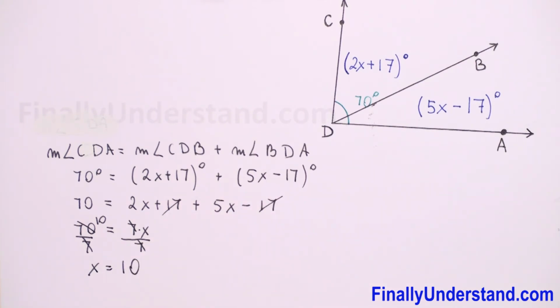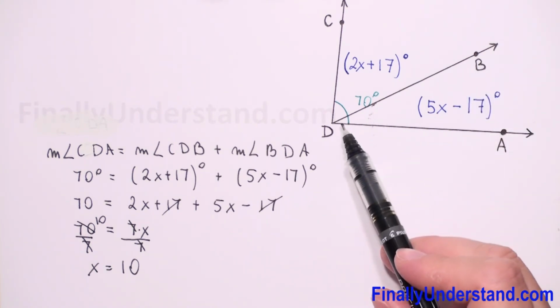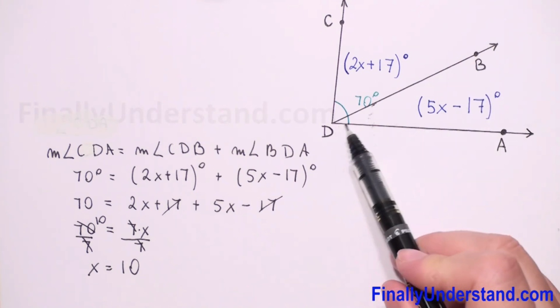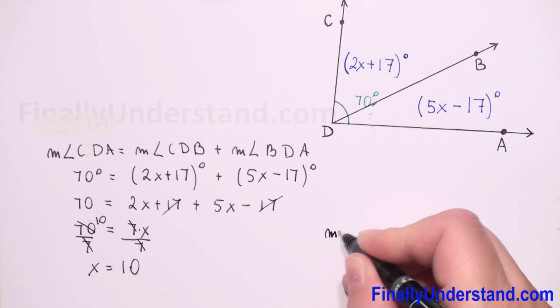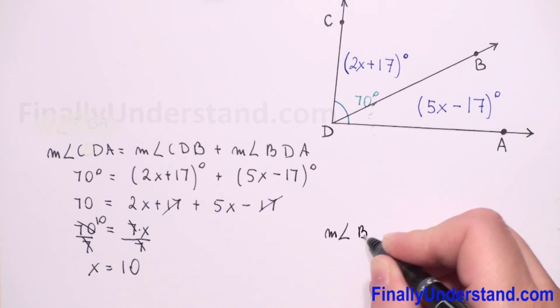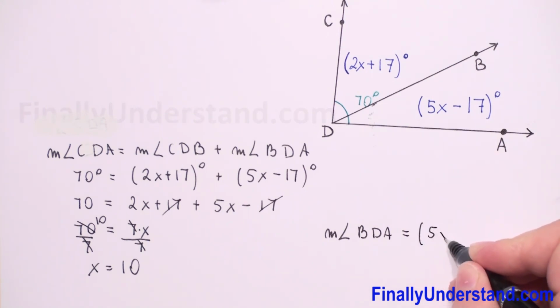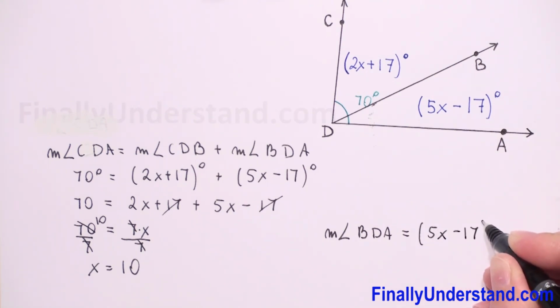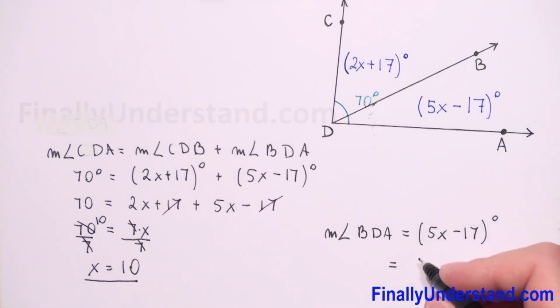So now we can come back to our expression of angle BDA because we have to find the measure of this angle. We have that the measure of angle BDA is equal to 5x minus 17 degrees. Because we found that x is equal to 10, we can substitute this x.